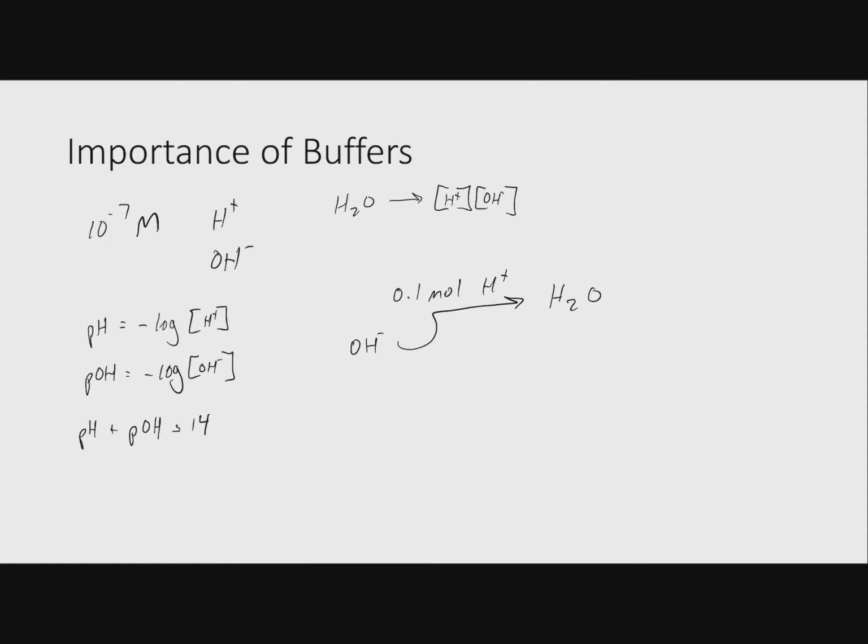Similarly, if I dump excess hydroxide, NaOH for example, into pure water, the proton concentration falls for the same reason. So this is how adding a large amount of one will cause there to be a small amount of the other.